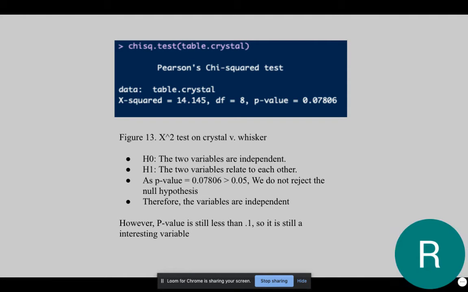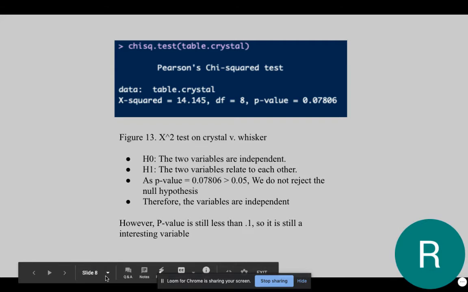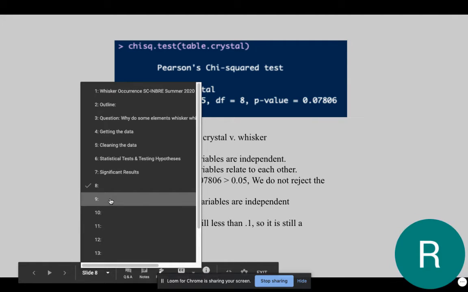Obviously, the p-value threshold is arbitrary, but 0.05 is the standard, but generally you can still include data where the p-value is less than 0.1. So we'll still make a graph of it and look at that variable.